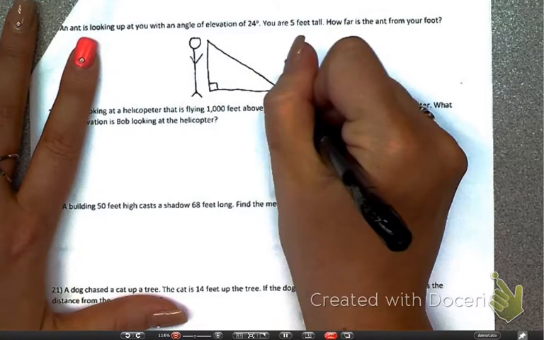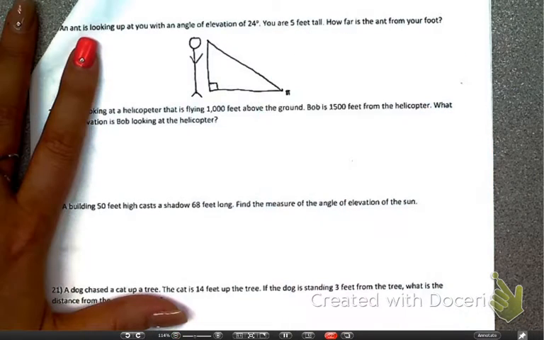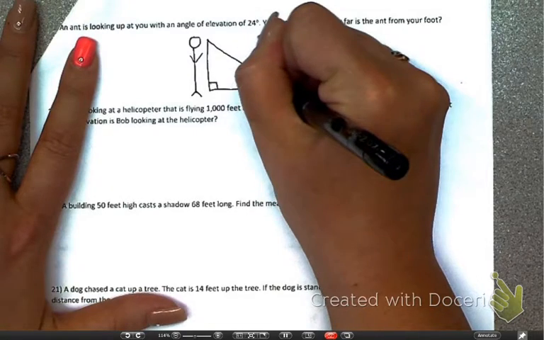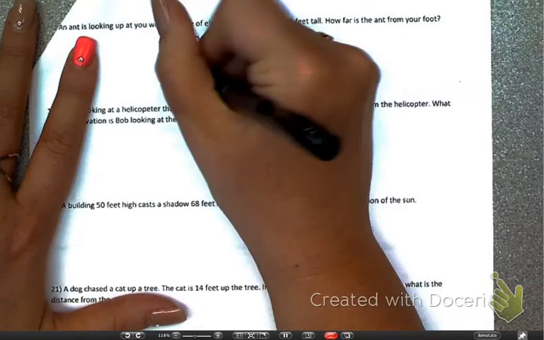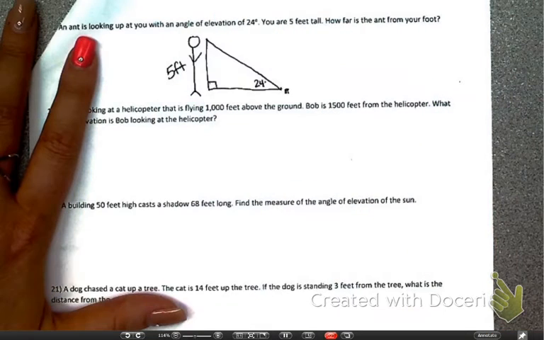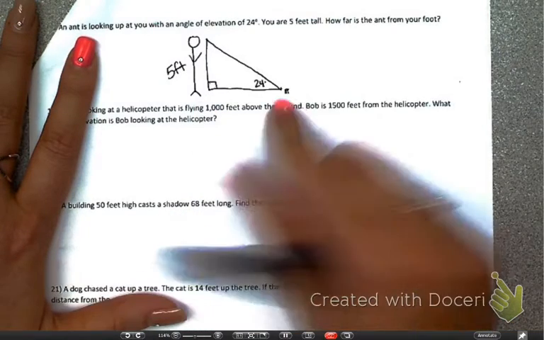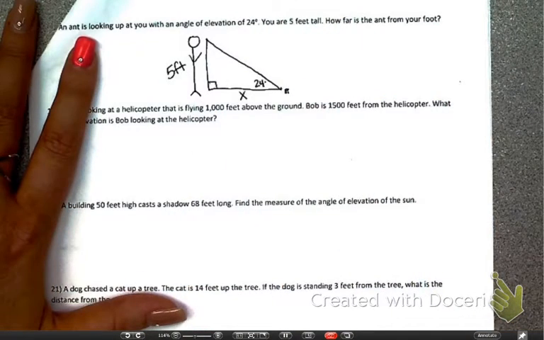And here's the little ant. So an ant is looking up at you with an angle of elevation of 24 degrees. You are 5 feet tall. How far is the ant from your foot? Here's your foot. Here's the ant. Here's the distance you're looking for.